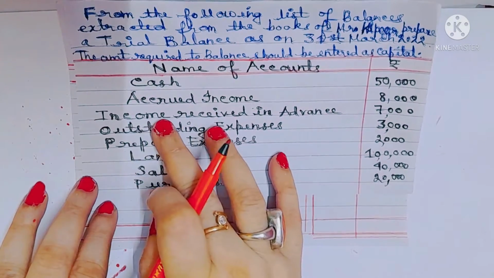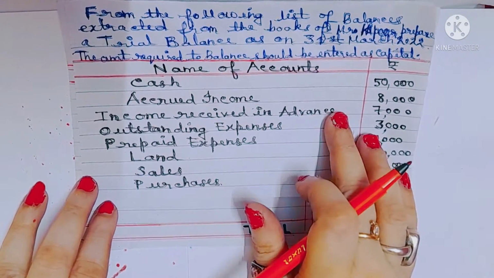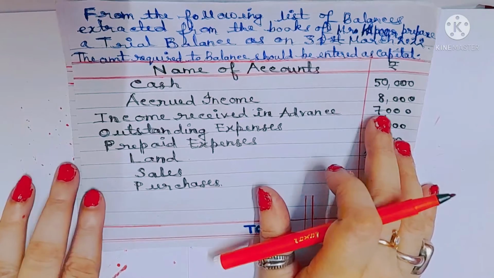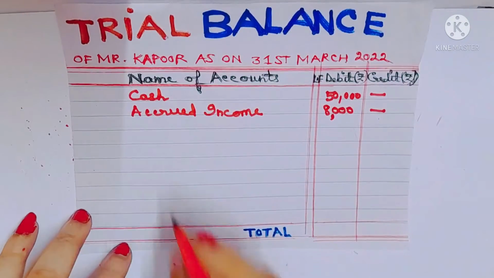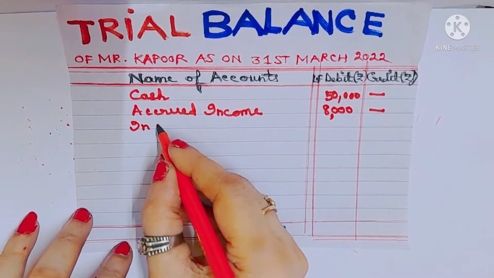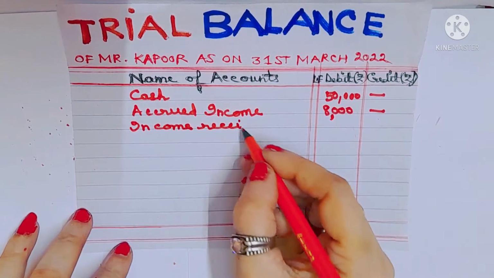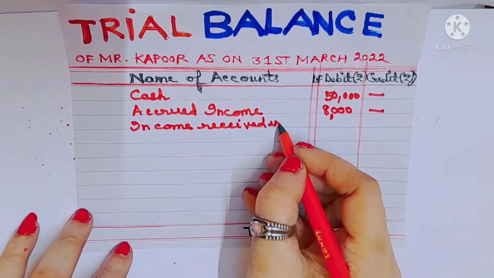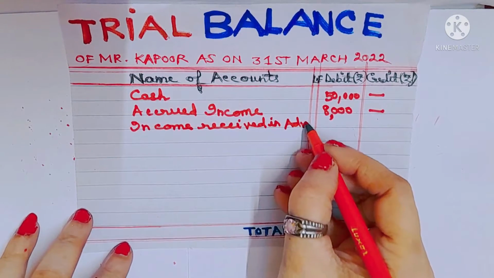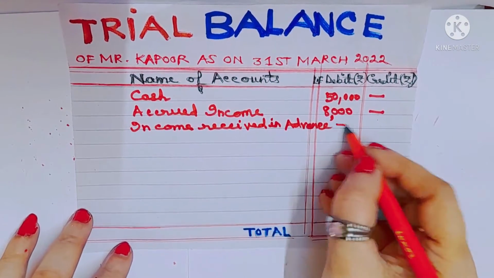The next account is income received in advance, 7,000. So let's write income received in advance, 7,000.